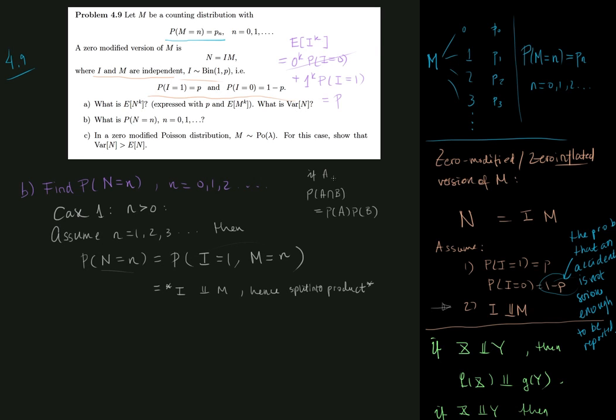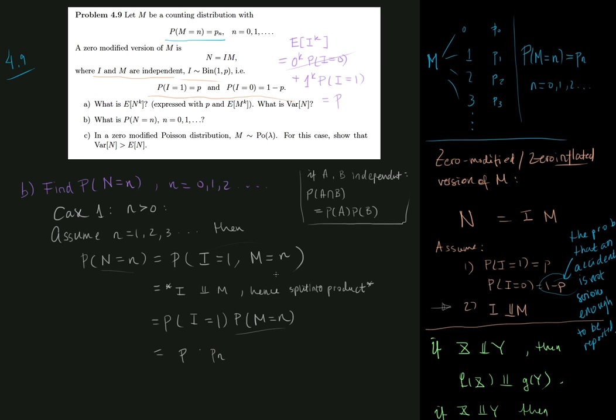So if A and B are independent, then this happens, right? So hence I can split this up as the product of the probability of I being equal to 1 and the probability of M being equal to n. And this is then equal to p, so the probability of I being equal to 1 is p, multiplied by the point probability for M and n, which is p_n.